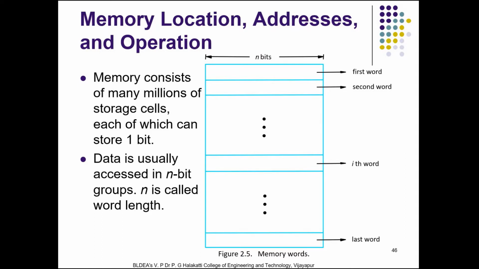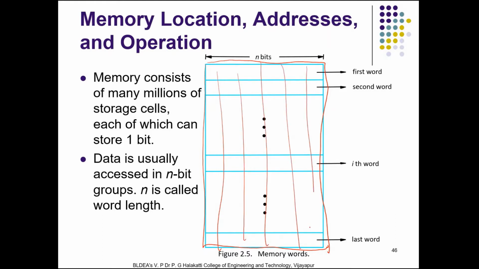Data is usually accessed in n-bit groups, and this n is called the word length. So you know that the memory consists of n number of bits. This is our memory, which consists of billions of cells, as I had shown you how we had categorized this.